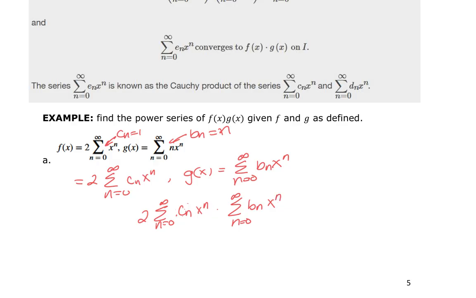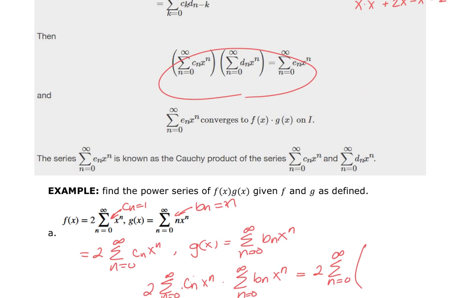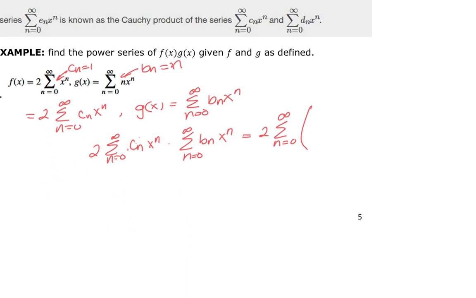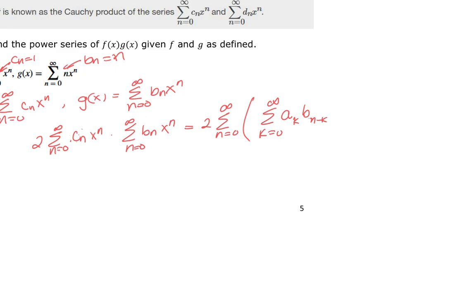Now, based on what we have up above, this is going to be the summation of n equals 0 to infinity of the summation of k equals 0 to n of c sub k b sub n minus k, that'll be n minus k, yep, and then x raised to the n.